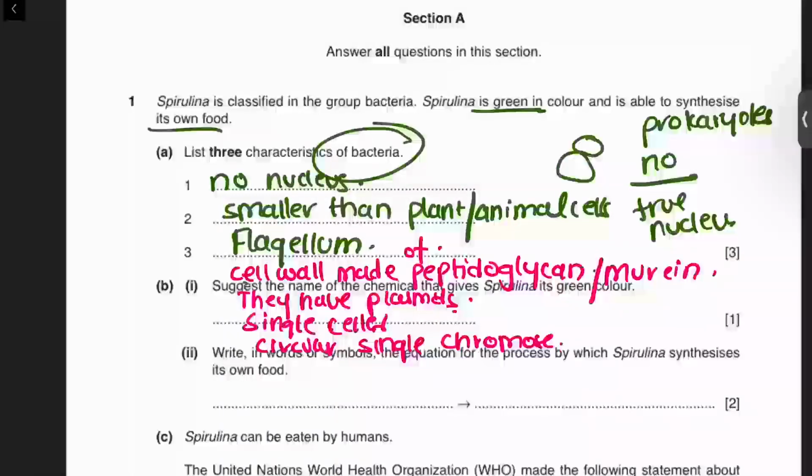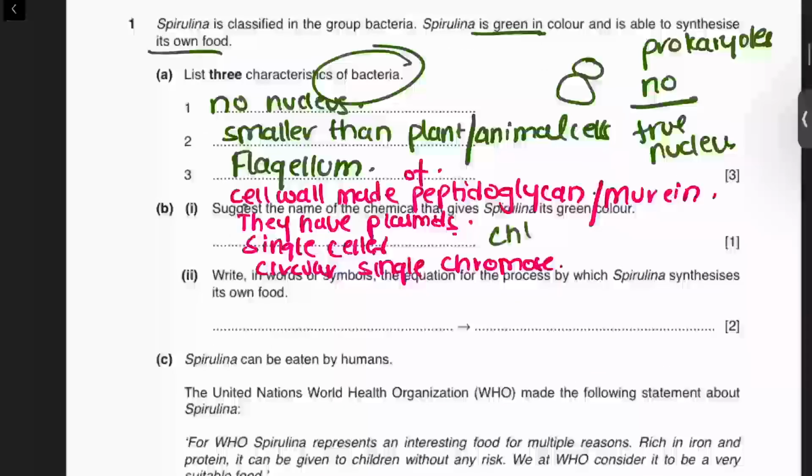You have not talked about any other chemical reaction in your biology syllabus where an organism can make its own food other than photosynthesis. We didn't talk about anything else, no, right? So the first thing that should come to your mind is photosynthesis. And when they talk about this green pigment, they're basically hinting at you, asking what is the green pigment we've talked about? Chlorophyll, right? So chlorophyll is the answer.